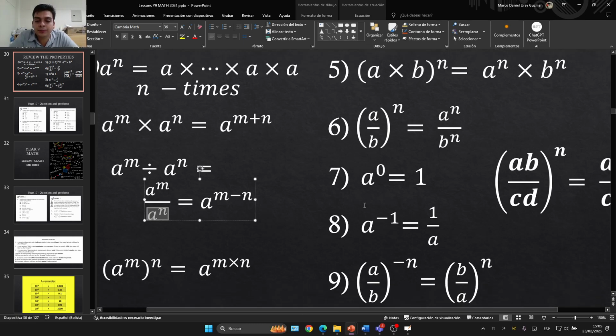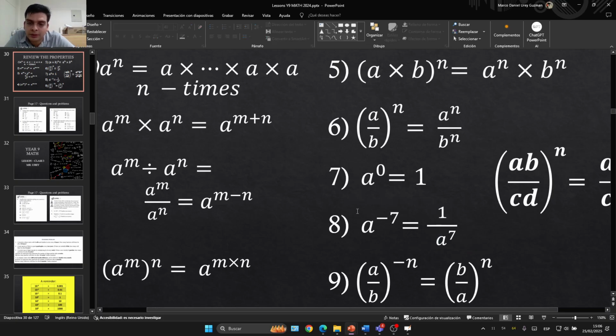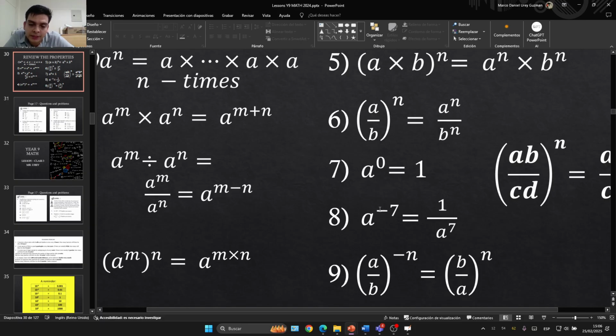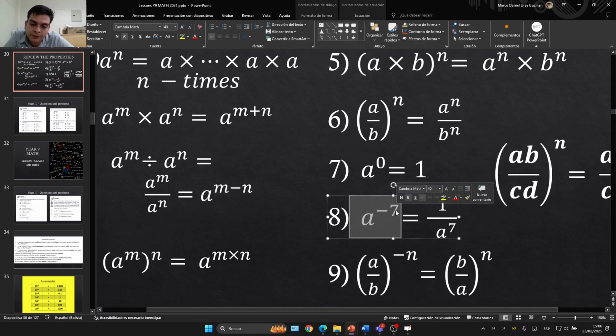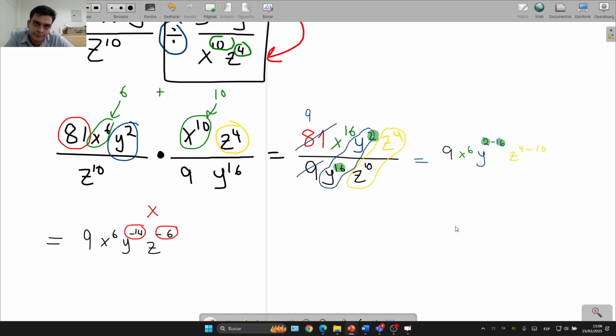And for that, we have to remember that whenever you have a negative exponent, you can make it positive only by copying the same term down, but changing the sign. For example, here in number 8, you may see that this is minus 7 if it's up here, but if you put it down, now it's positive 7.